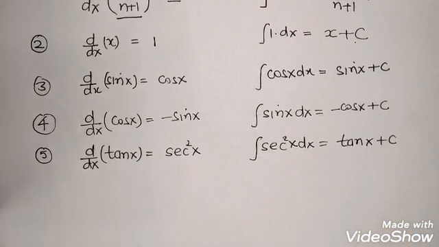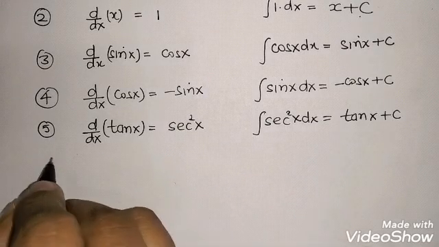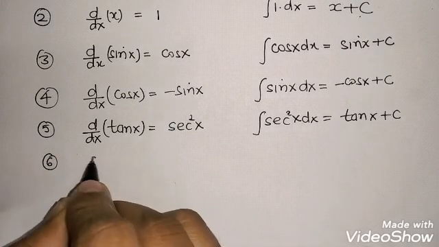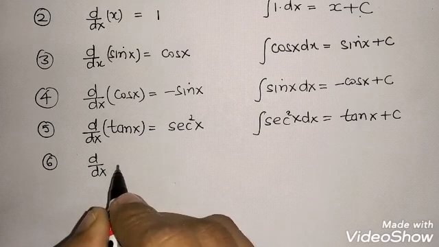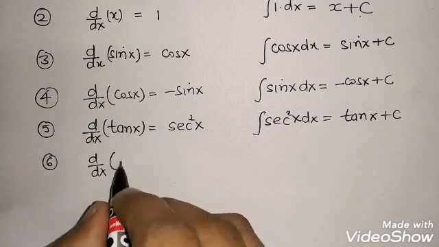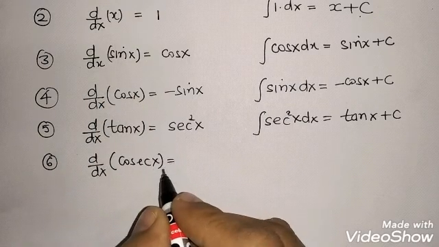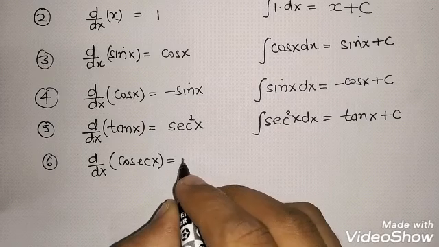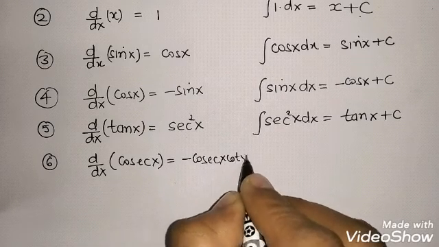Very easy. Moving to the sixth formula and our fourth trigonometric function. After tan x we have sin x, opposite is cosecant x. The derivative of cosecant x is minus cosecant x cot x.